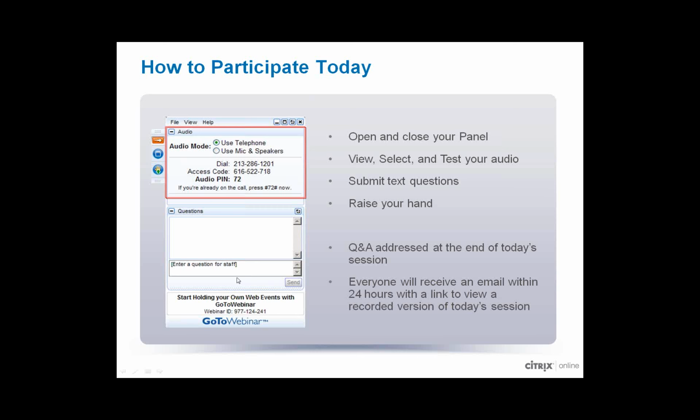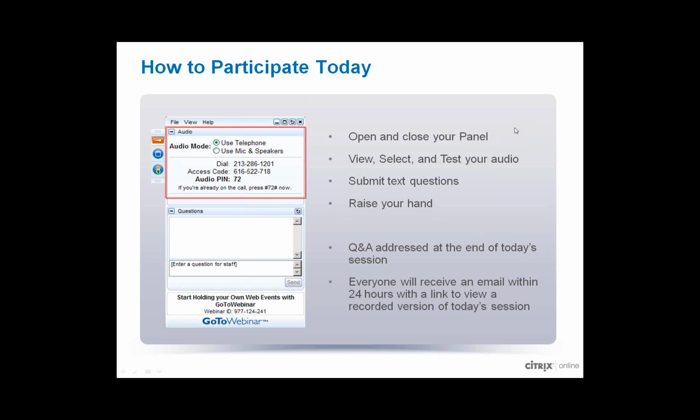So type your question in there and just send it, and it'll come to me, and it won't interrupt Rob, so you can send it at any time. Probably will save most of the questions till the end unless a question strikes me as particularly relevant right at that moment before he moves on, and then I will pass it along and alert him that there is a question that he might want to answer. But other than that, we'll save most of them for the end, and then I'll pass them along to Rob and he'll answer them.